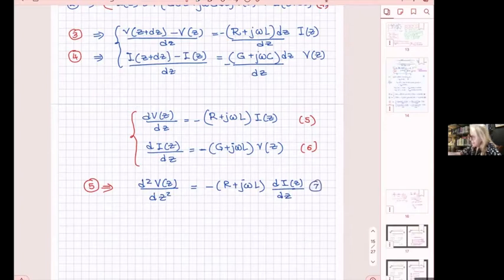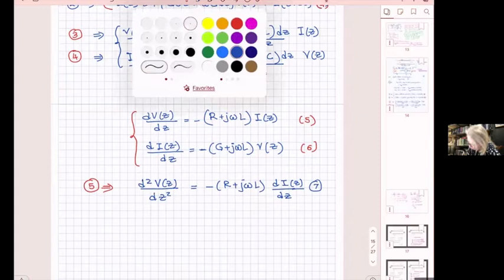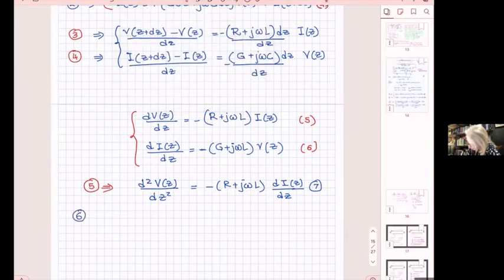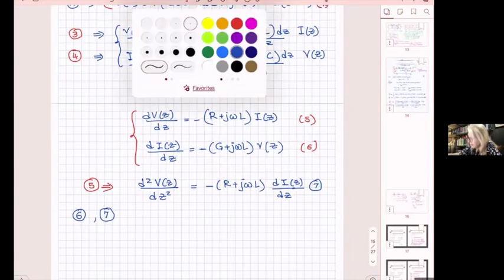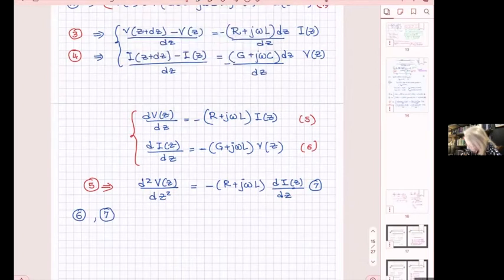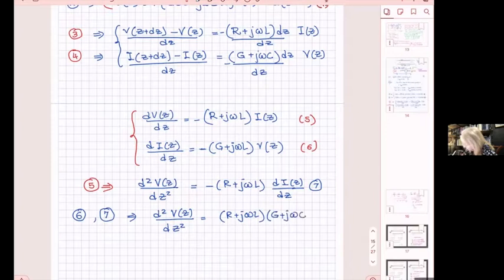From 6 and 7, we then have one second order differential equation for V: d squared V over dz squared equals R plus j omega L times G plus j omega C, V of z.